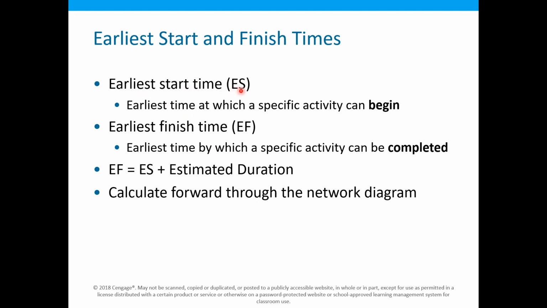Earliest start time is represented by ES. Earliest finish time is represented by EF. And there is a relationship between the two: the earliest finish time can be calculated as EF equals ES plus the estimated duration. That means you can calculate the earliest finish time if we know the earliest start time of the activity, and then we add the estimated duration.